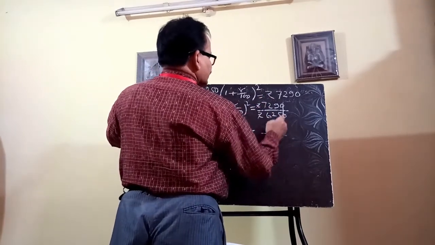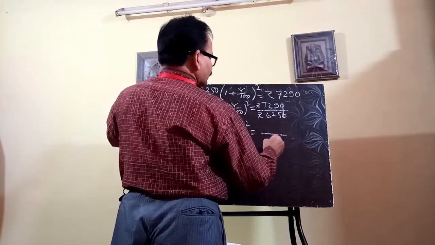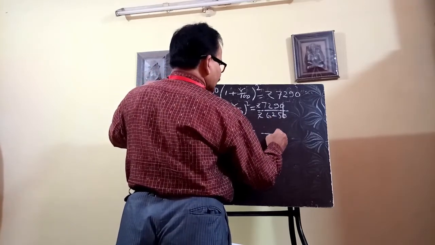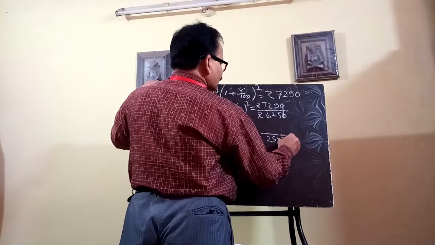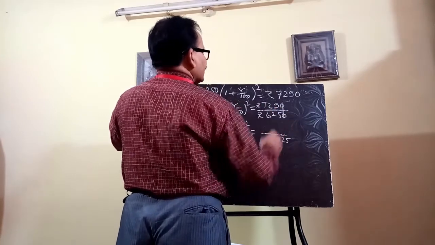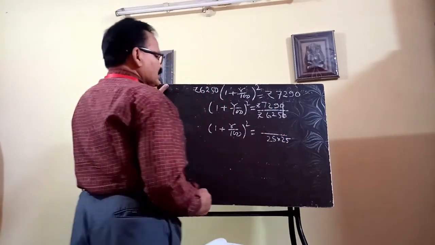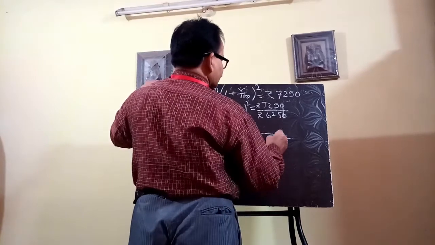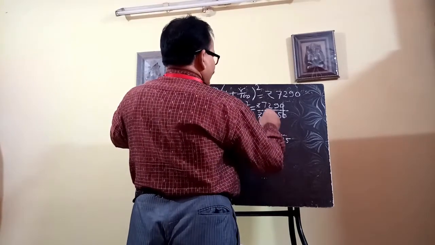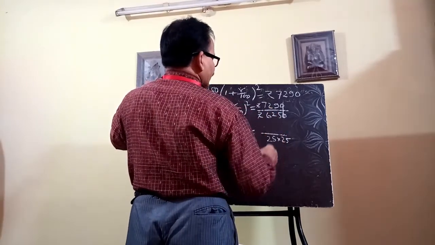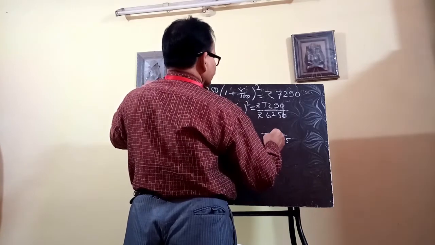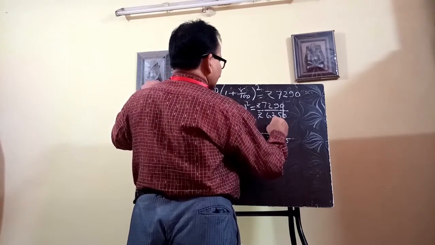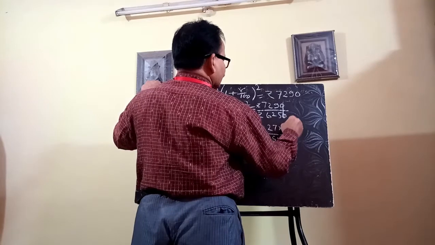So this is 625. 625 can be written as 25 into 25, and 729 means this is 27 into 27.